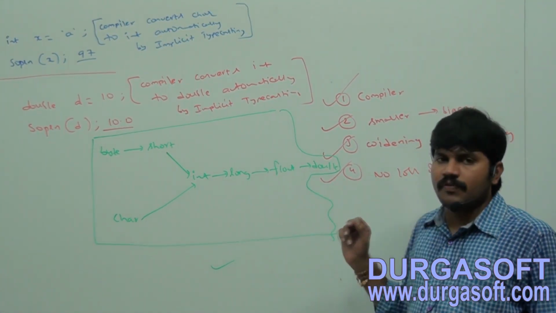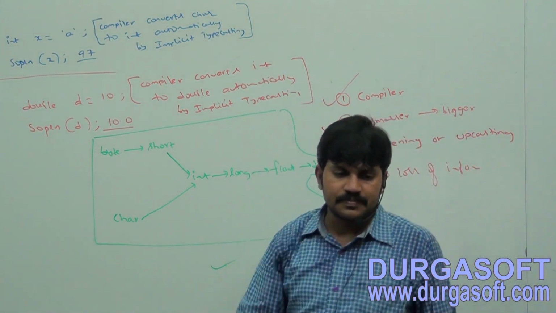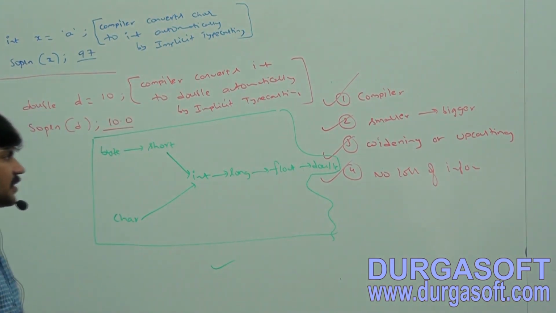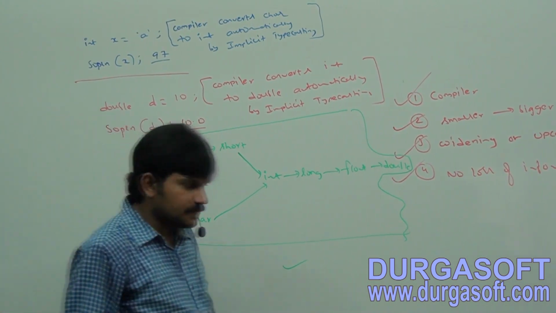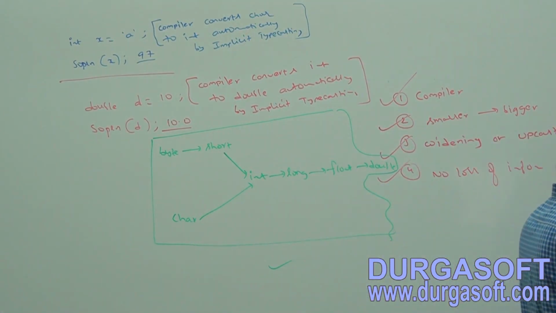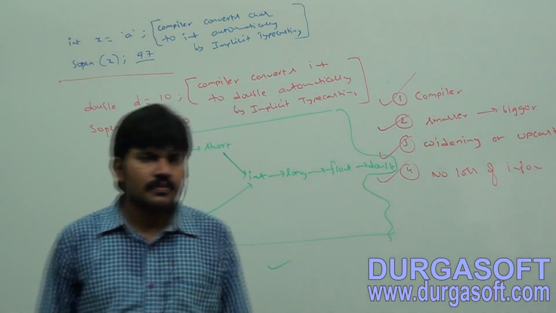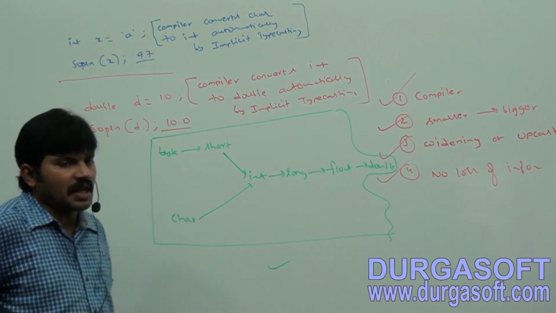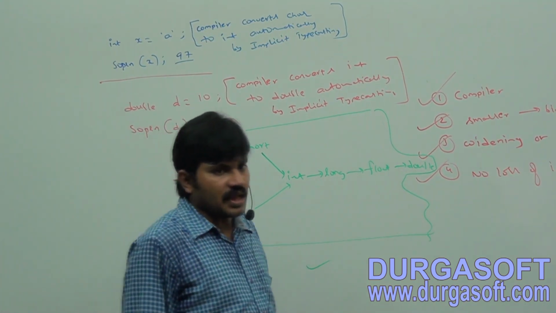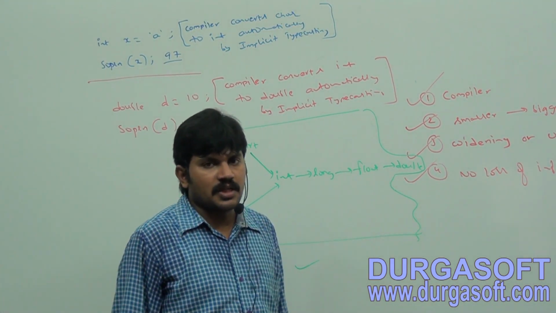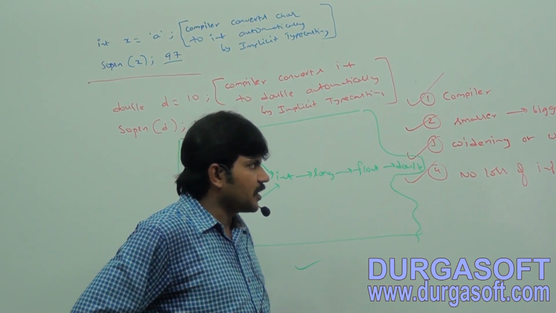Now that the terminology is clear, who is responsible to perform implicit typecasting? What are the various important points, with some examples? First take point by point under implicit typecasting. First point: the compiler is responsible to perform implicit typecasting.